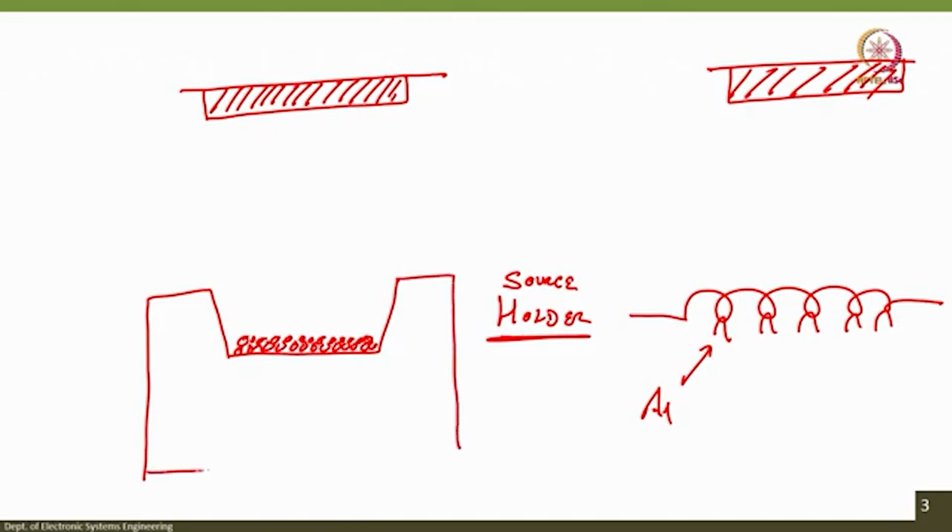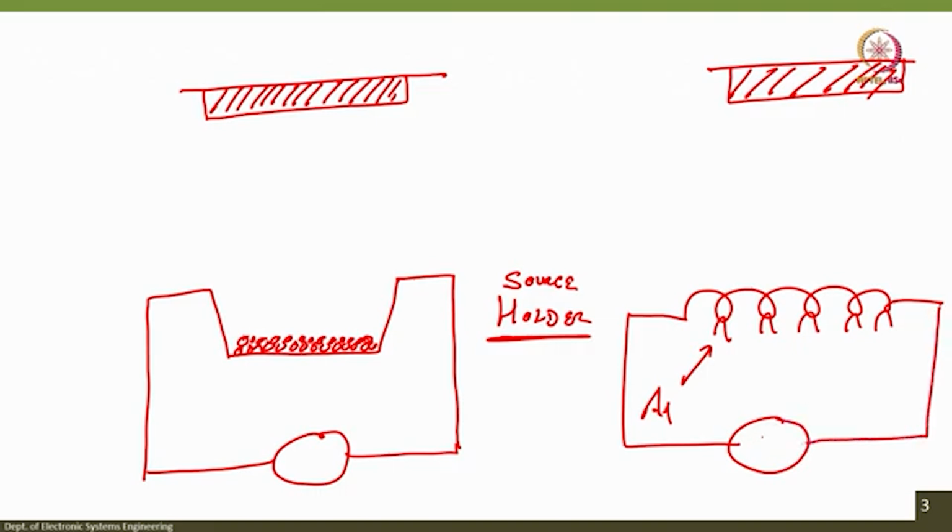So, we apply a very high voltage to this boat or to this coil. What will happen? Depending on the resistance of the coil, the current will flow through.